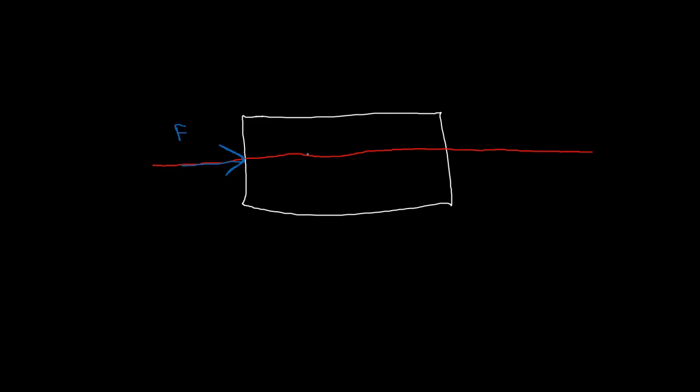Now if we remove that force from here, and in the same line of action we apply the same force at another point, in the same direction only, then the body would not change its state.